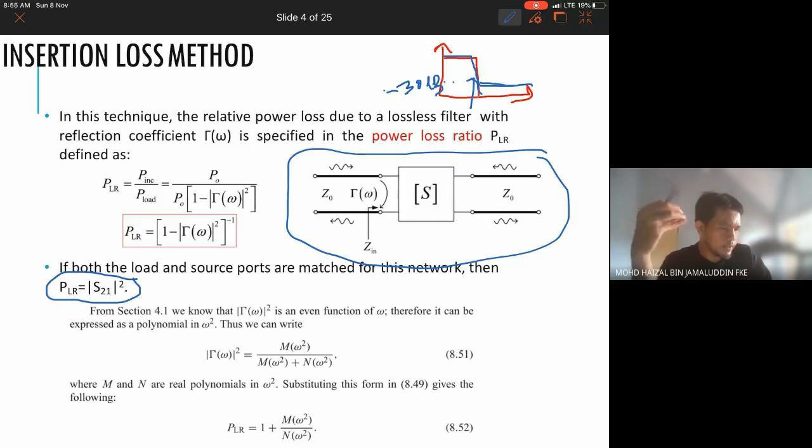So here is some part of it. If we look at section 4.1 in the book, we know that gamma of omega to the power of 2 is equivalent to M over M plus N. And if we include this M and N as polynomials, we can get this PLR as 1 plus M over N.